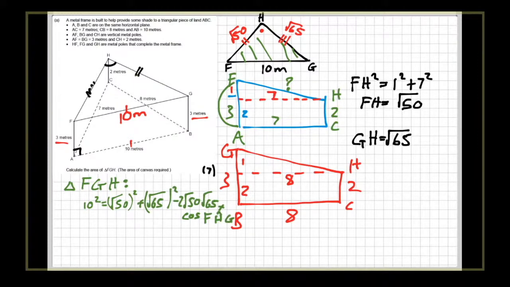And all I'm going to do now is solve for cos of FHG. So I'm going to take 10 squared, which is 100, minus root 50 squared, which is 50, minus root 65 squared, which is 65, equal to negative 2 root 50 root 65 cos of FHG. I'm running out of space here, so let me quickly move this down a little bit.